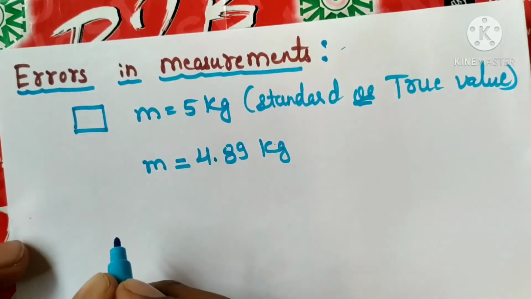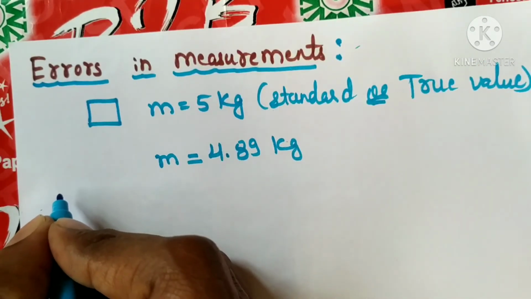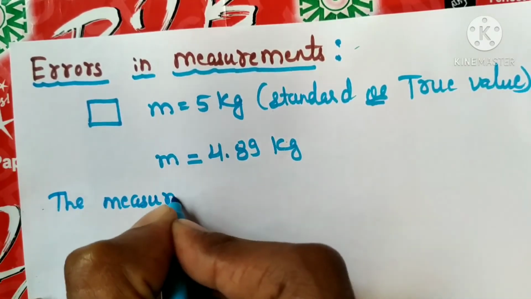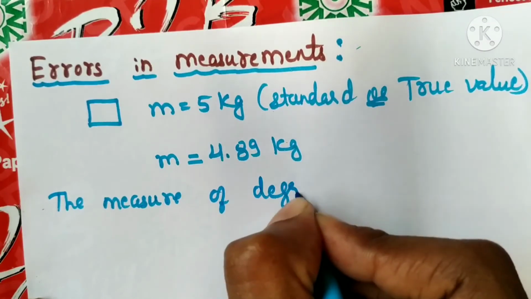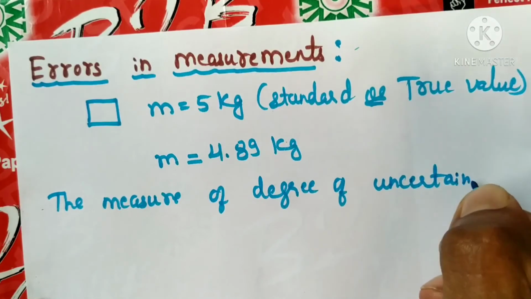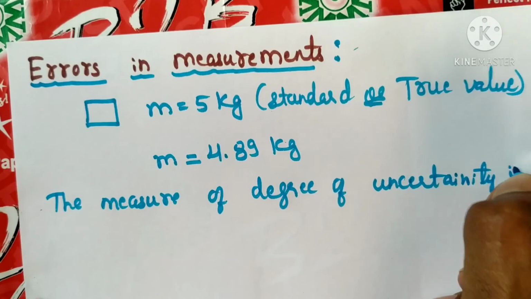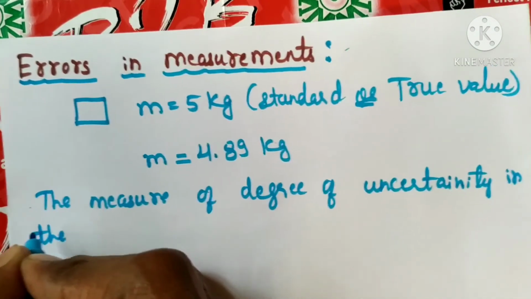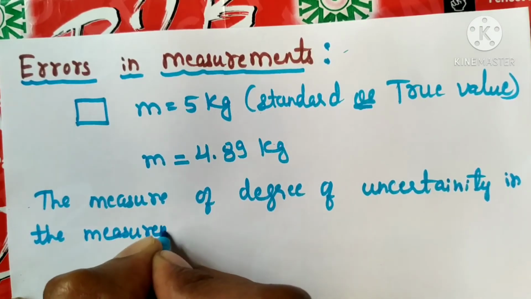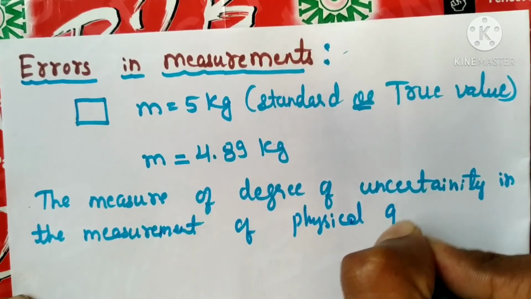So I can write the definition of the error as, I can say the error, it is what? It is the measure of degree of uncertainty in the measurement of physical quantity.